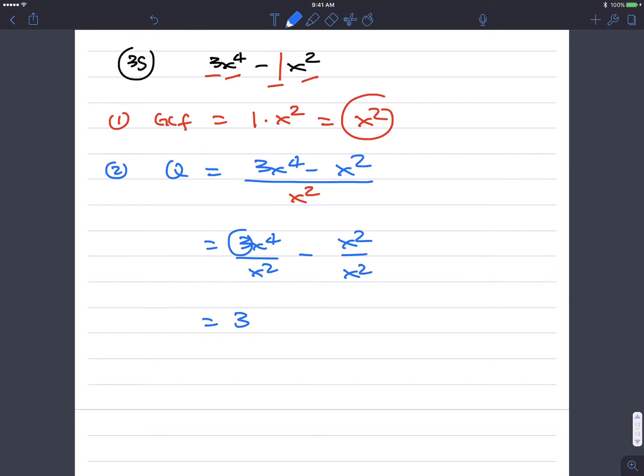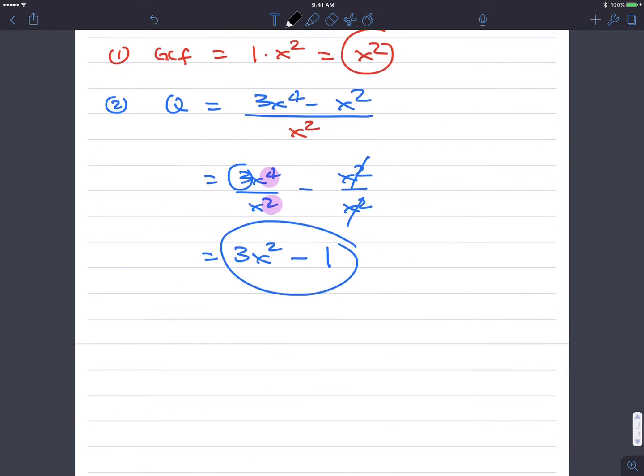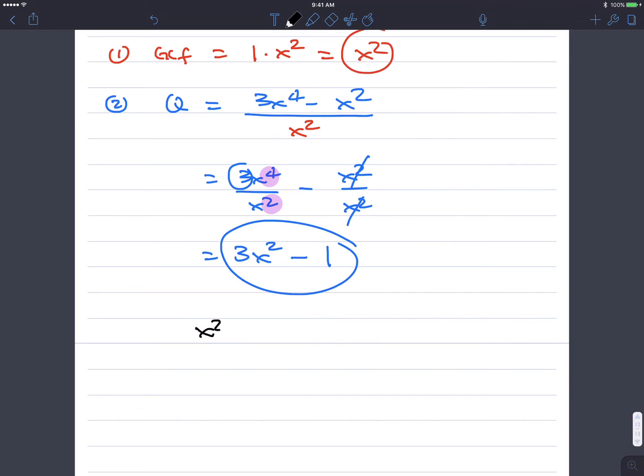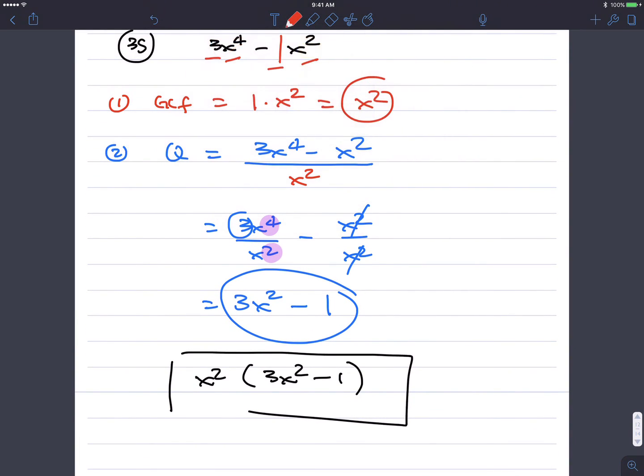My 3 is here, but what's x to the fourth divided by x squared? 4 minus 2 is 2. And then x squared divided by x squared, anything divided by itself is 1. Here's my quotient. Final answer, we're going to say x squared times 3x squared minus 1. We factored out the greatest common factor. Here's my GCF.